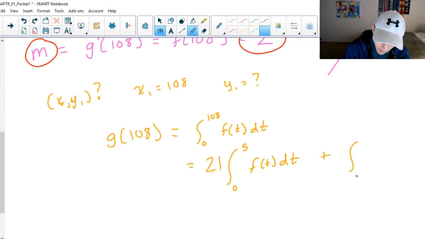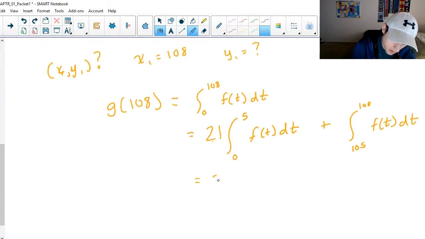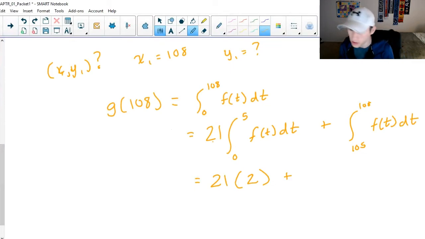So let me add on from 105 to 108. It's not a full cycle, but we can calculate it. We know from 0 to 5 that integral is just 2, and then plus the integral from 105 to 108.